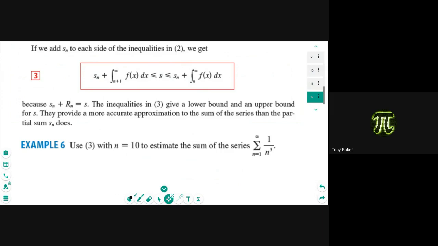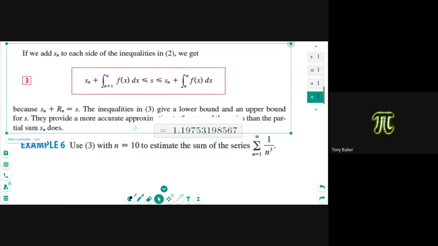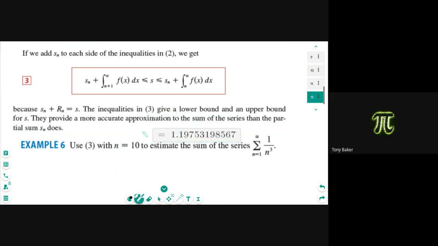So if you remember, the first 10 terms, S10, equals that.